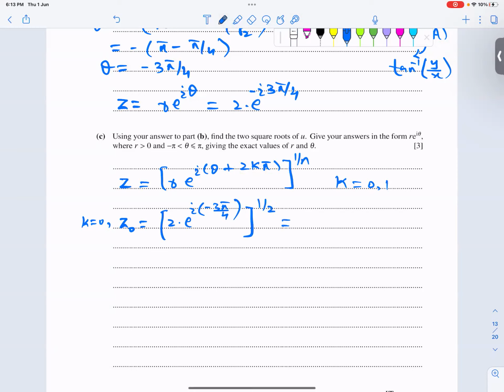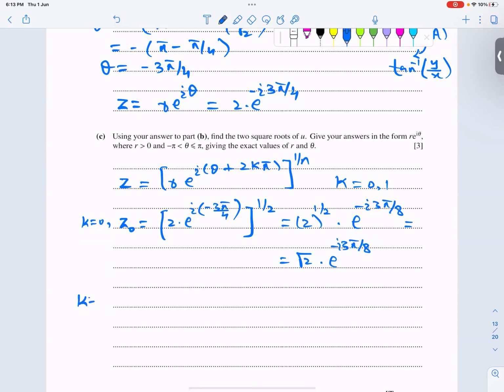So this will be 2 to the power 1 over 2, and then e to the minus i 3 pi divided by 8. So we can write it as square root 2 e to the negative 3 pi divided by 8 i. So this was the first root.